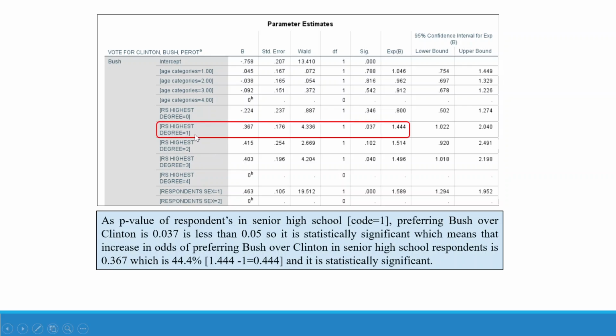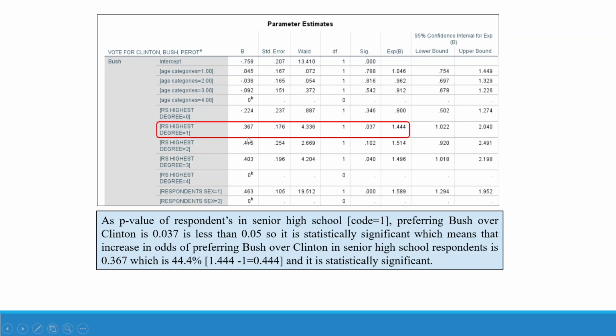Highest degree, code 1. The p-value of respondents in senior high school preferring Bush over Clinton is 0.037, which is less than 0.05, so it is statistically significant, which means that the increase in odds of preferring Bush over Clinton in senior high school respondents is 0.367. Now this is significant, less than 0.05.